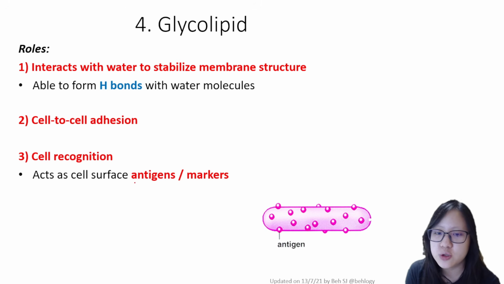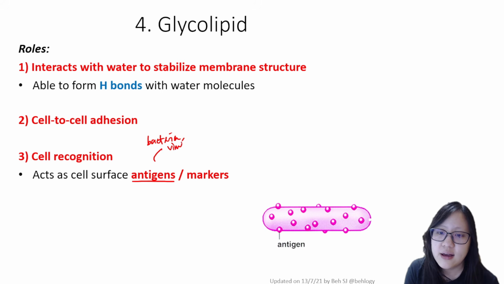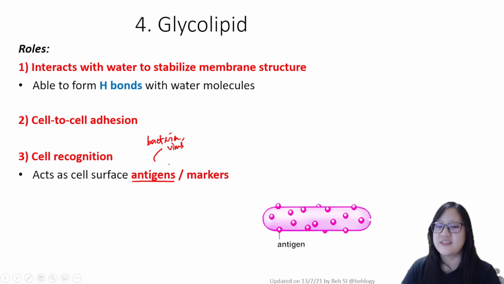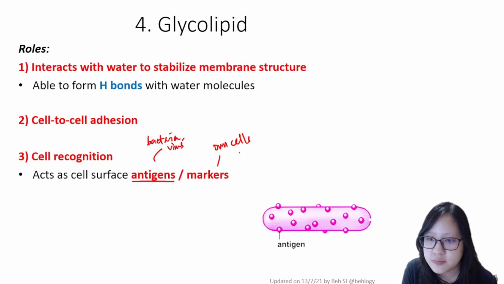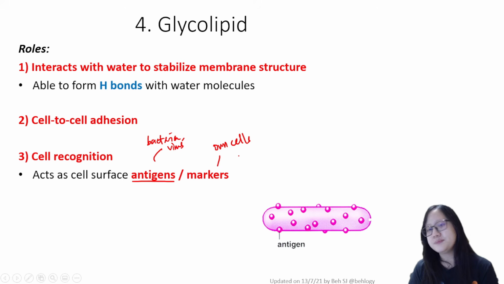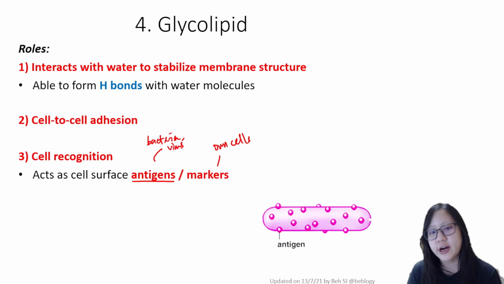Antigens, we usually use this term to refer to foreign things like bacteria, viruses, pathogens. These other things have antigens, and we say that our body has markers. So our own cells have these cell surface markers. Slightly different terms, same idea, all made of glycolipid, for cell recognition.